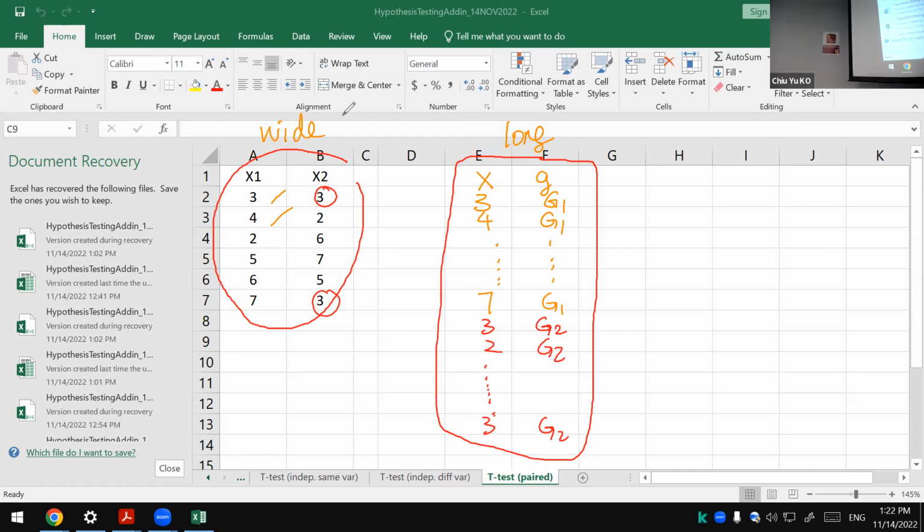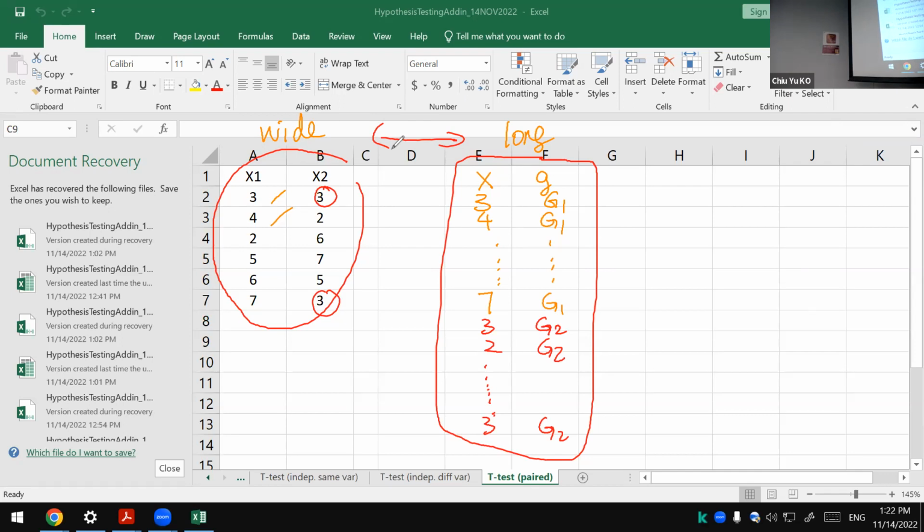If you learn any data science package, R or Python or whatever, there's a conversion between the two. For Excel, I don't think they have this process, but I don't know. But at least for Python or R, other software packages, they can easily convert from one way to the other.